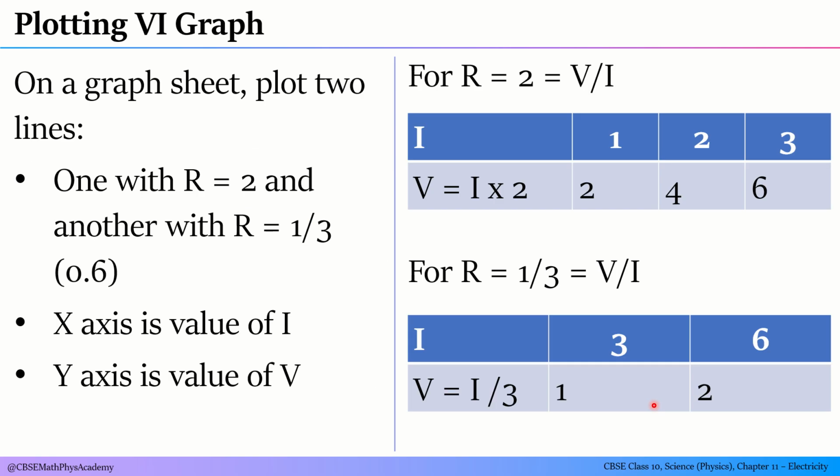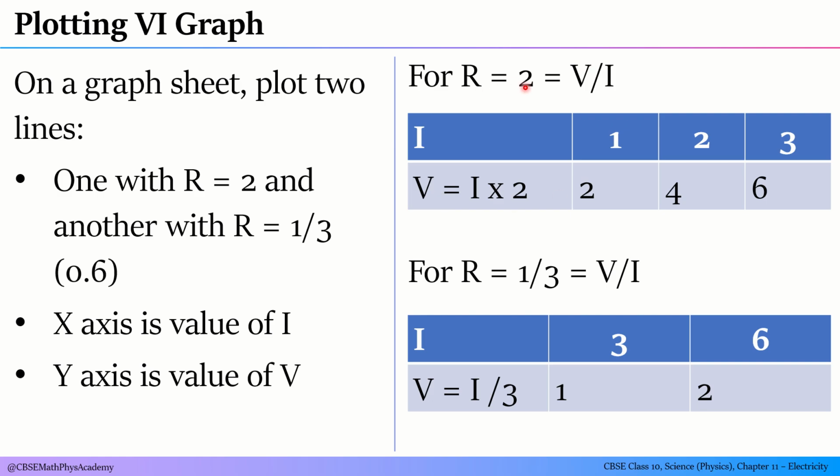What I would suggest is that you pick up a graph sheet and try to plot two lines, one with resistance R equal to 2 and another with R equal to 1 by 3, that is 0.67. The x-axis is current, the y-axis is V. I have given a sample set of data.